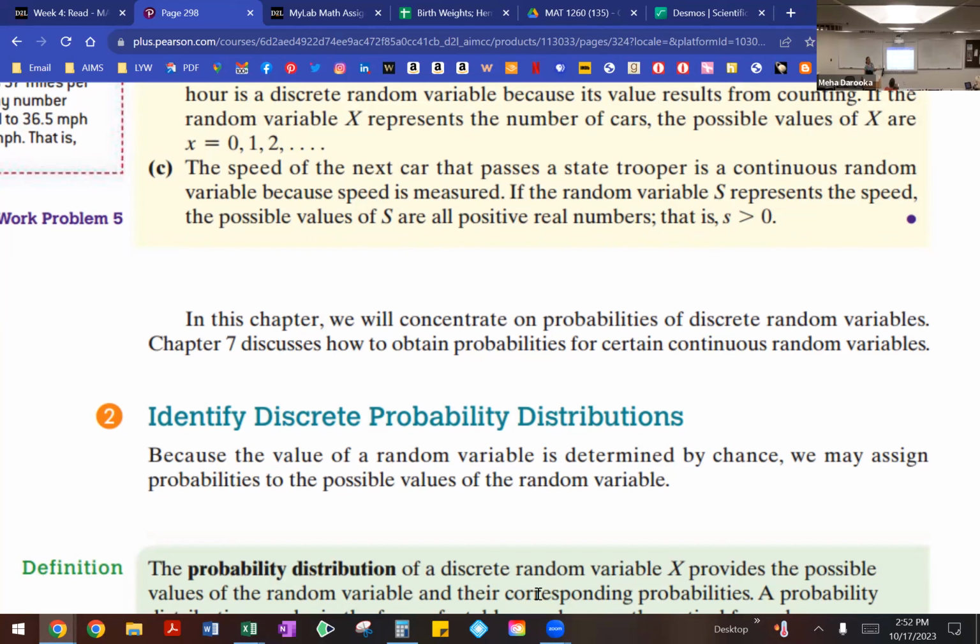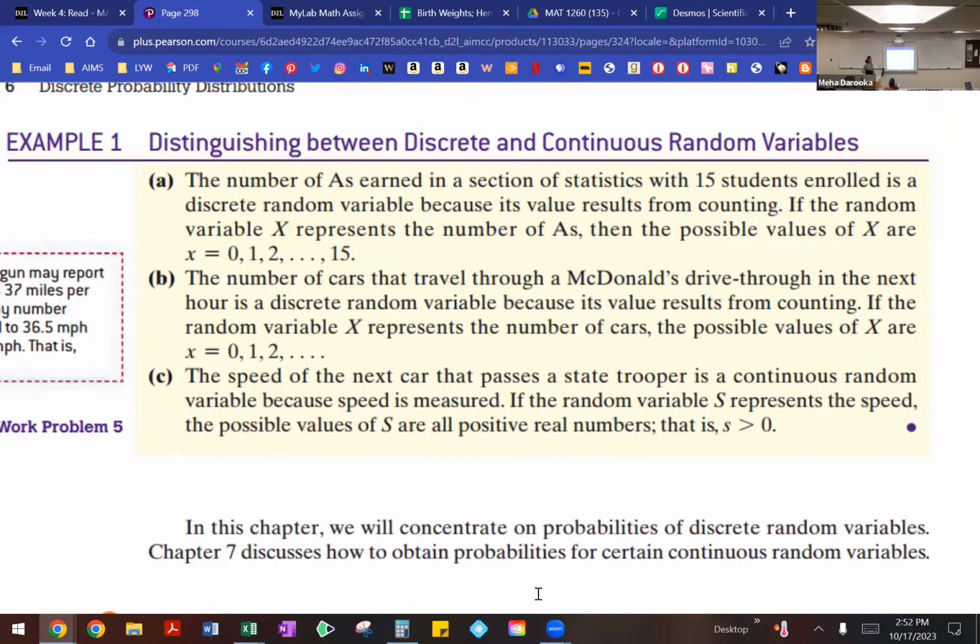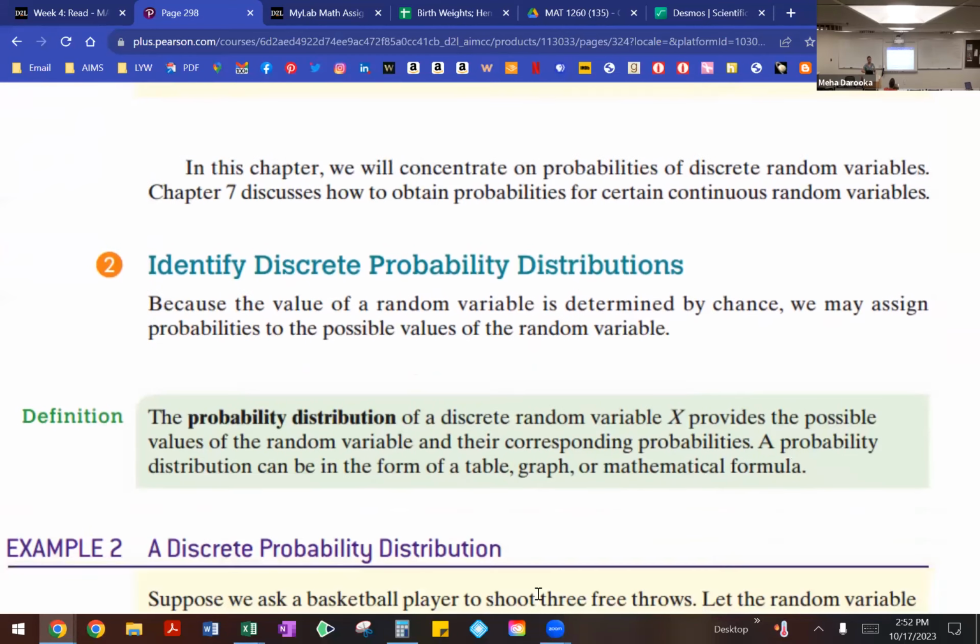That depends on the instrument being used to measure. But technically you can get decimal answers for speed. I know our odometers normally give us whole numbers, but that's not completely accurate because you could be driving 84.7 miles per hour. So this is a good way to distinguish how we talk about discrete and continuous random variables.